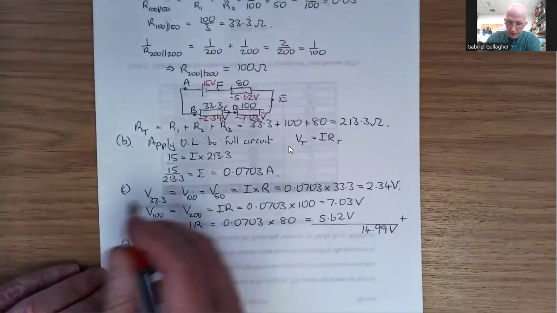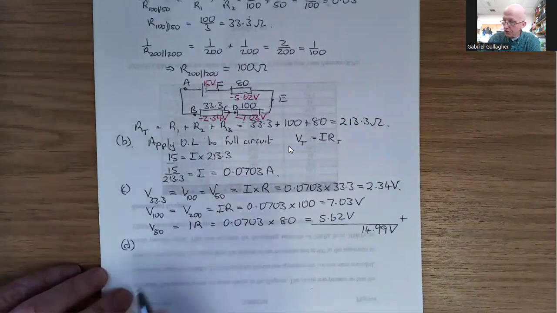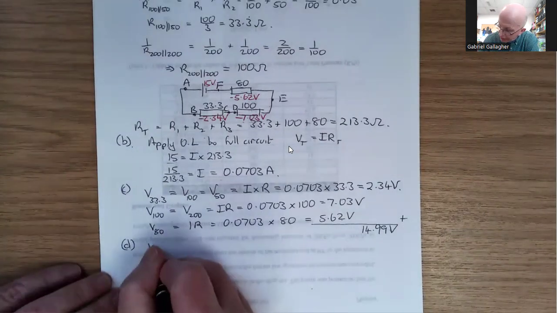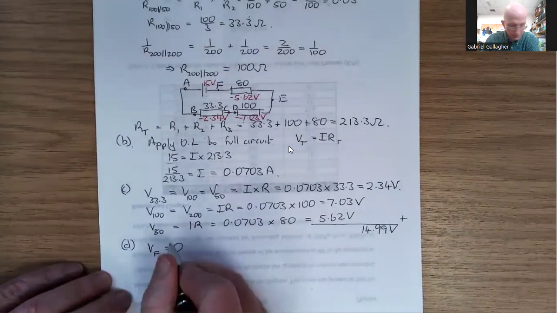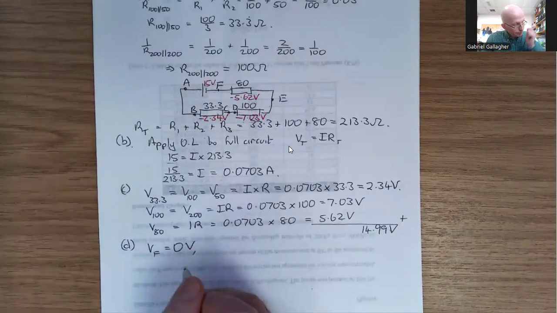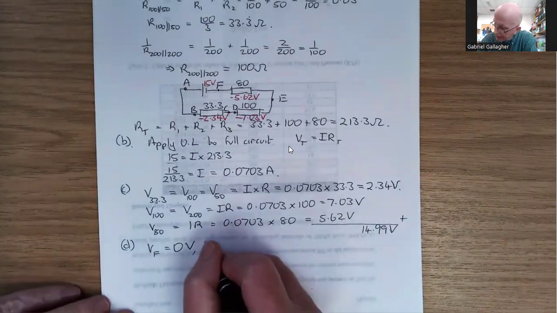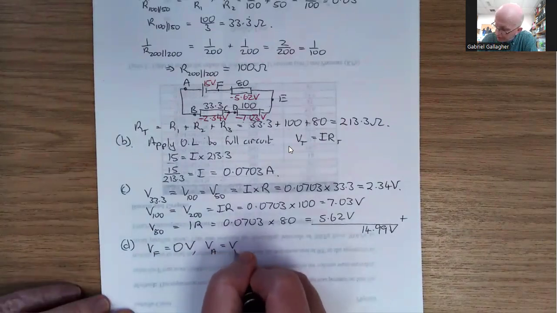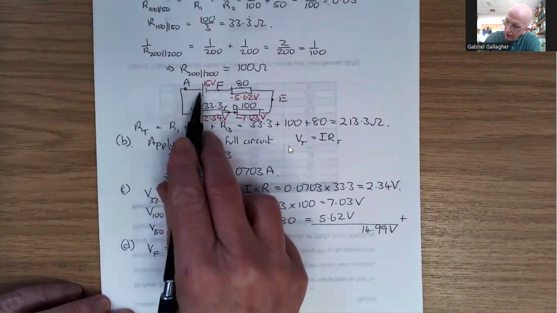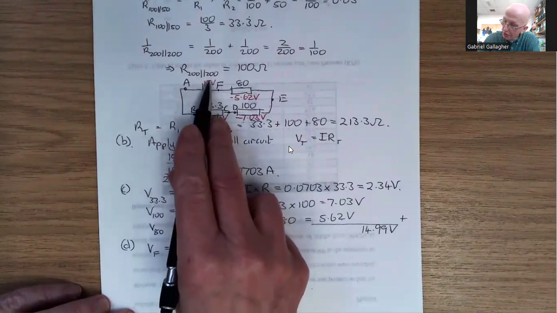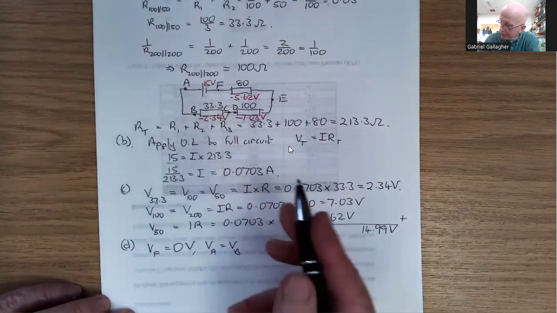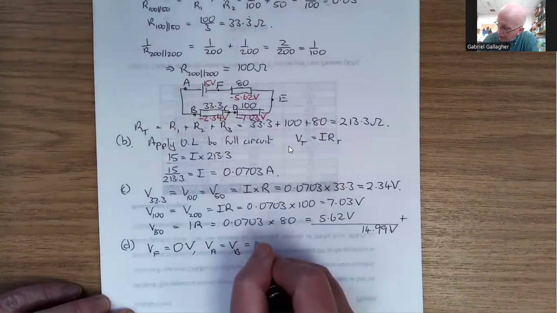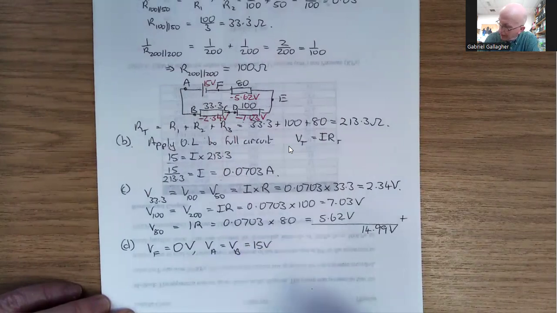So what are the potentials? Well, we already know VF is 0 volts. VA and VB are both the same, and they must be equal to whatever the power supply voltage is. So VA and VB both equal 15 volts.